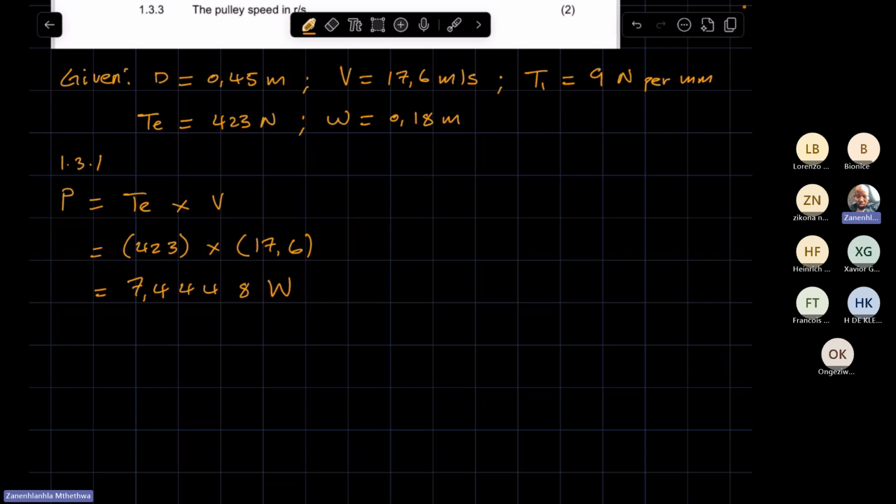Meaning that this here is 7,445 kilowatts. On your calculators, you can simply use the engineering notation to get what the answer is in kilowatts. If you don't know how to use the engineering notation, from watts to kilowatts, you divide by 1,000. From kilowatts to watts, you multiply by 1,000.